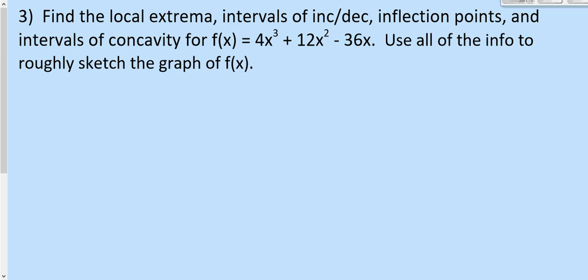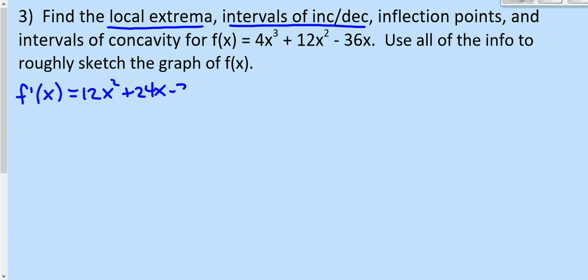So we need the first derivative. What do we need the first derivative for? For the local extrema, the intervals of increasing and decreasing. So let's go ahead and find f prime of x, and that would be 12x squared plus 24x minus 36. Let's set that equal to 0 to find the critical points.